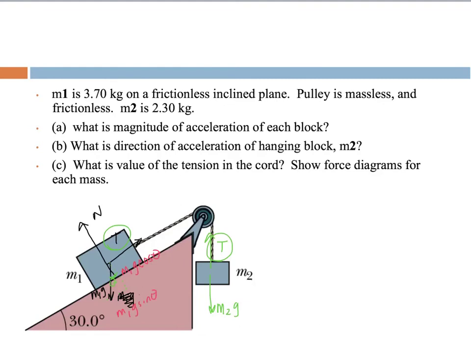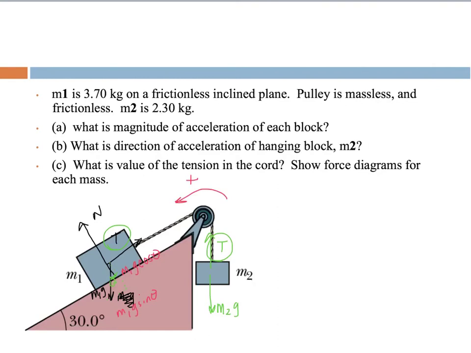Now that we've broken it up into components, we have to remember that we're dealing with pulley systems. So I can guess that my object's going to accelerate in whichever direction. So I'm going to say, let's say that it's going to be accelerating in this direction. We'll call this positive. If you had called the other direction positive, that's okay. You would have gotten a very similar situation, but I want to show a result if we say that this direction is positive.